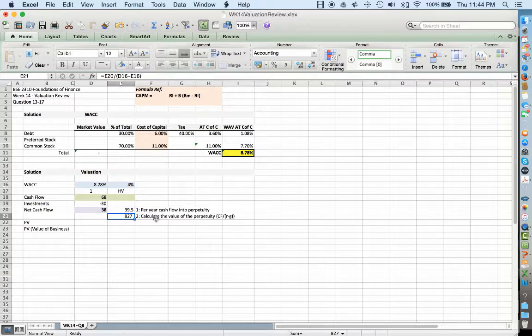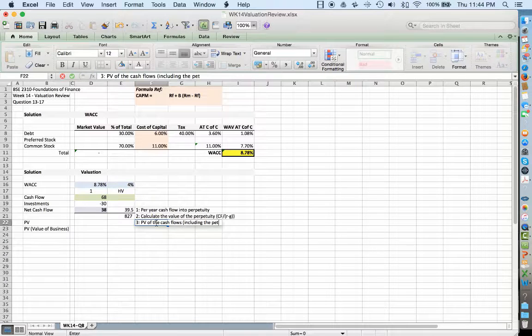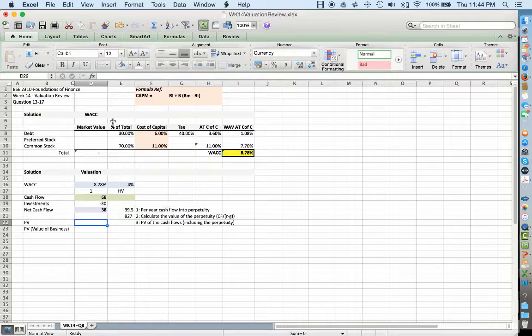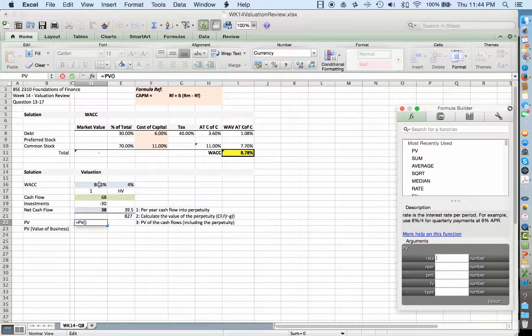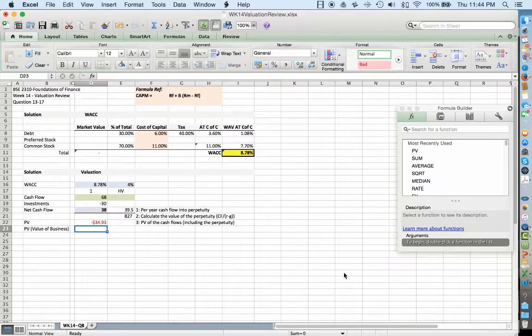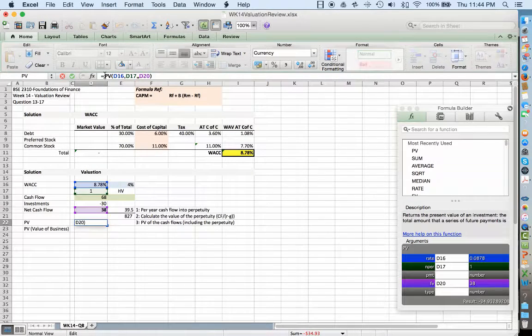The third thing I now have to do is calculate the present value of the cash flows, including the perpetuity. Therefore, I'm going to pull out my present value function and calculate the present value, and then I'm going to make that value positive because it's a positive cash flow.